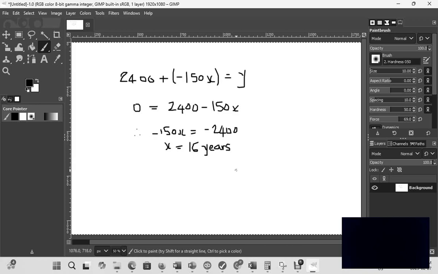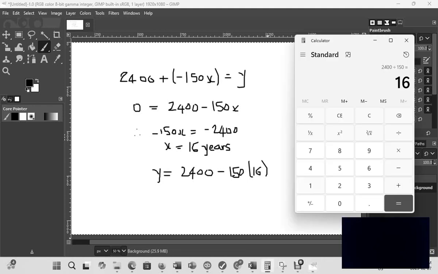So we can sub in 16 years in the equation to see if we get y equals 0. We know that y equals 2,400 minus 150x, and 150x will be 150 times 16.